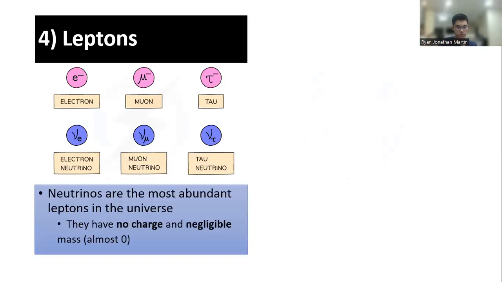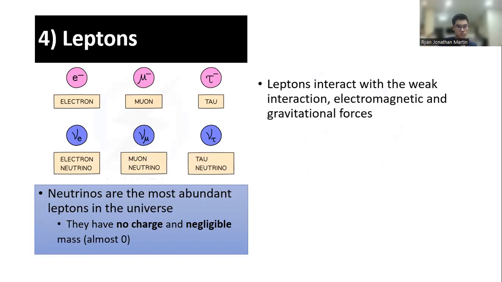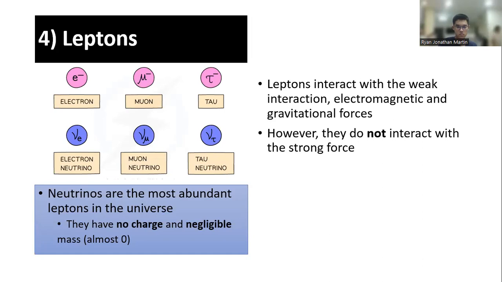Neutrinos are the most abundant leptons in the universe. They have no charge and negligible mass. Very small, very close to 0. Leptons interact with weak interaction, electromagnetic and gravitational forces. However, they do not interact with the strong force.